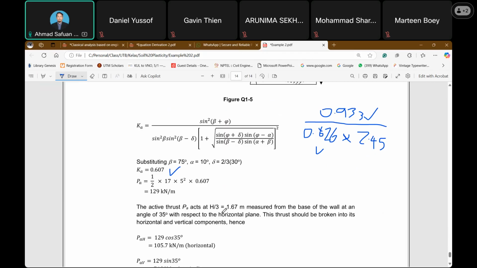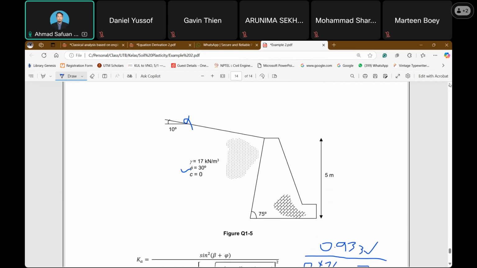Okay. So how did they obtain 35? Let me show you how they obtain 35. So this is the wall, and we need to draw a normal axis.